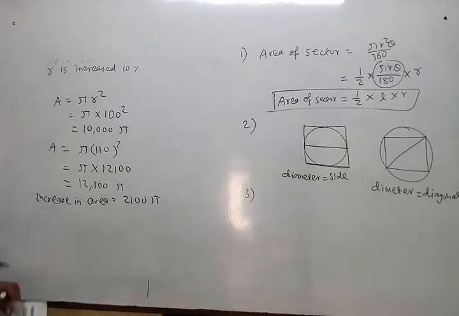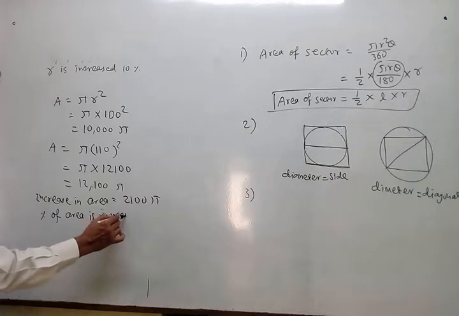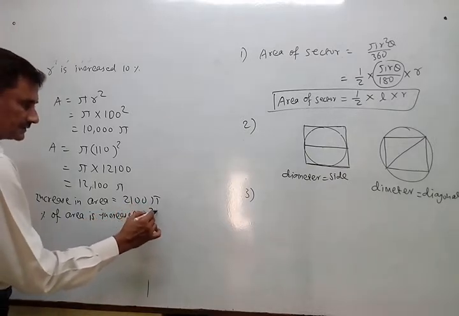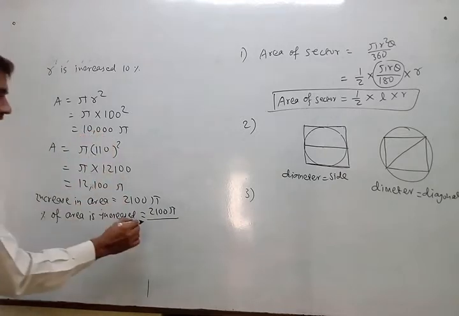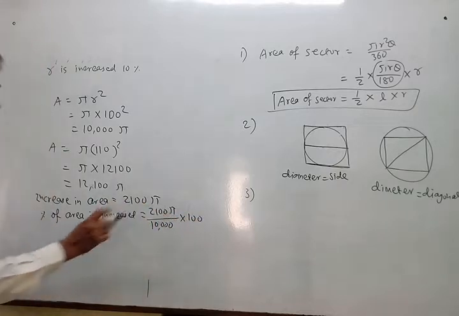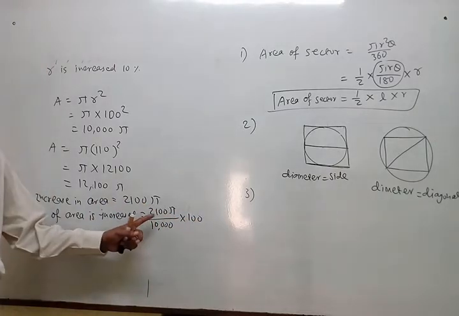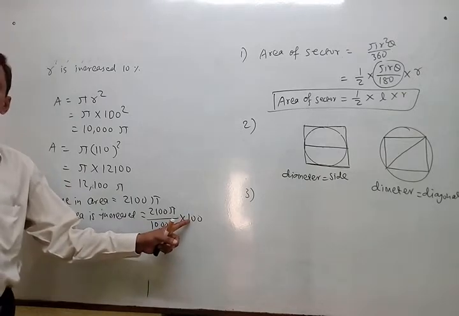Now I want to find the percentage. How much percentage does the area increase? You know how percentage is found, with respect to the first value. If you want to find the percentage of anything, divide by the total and multiply by 100.